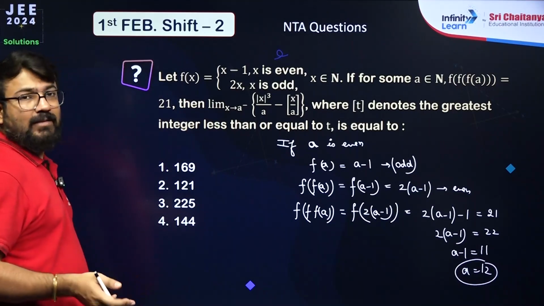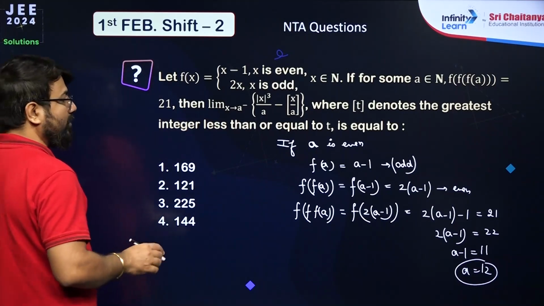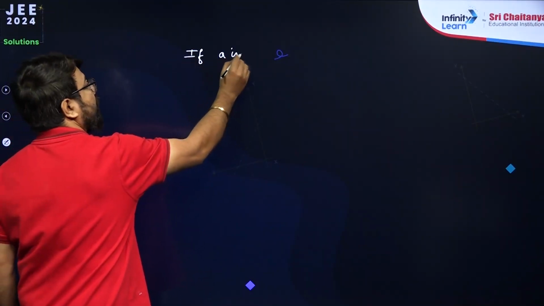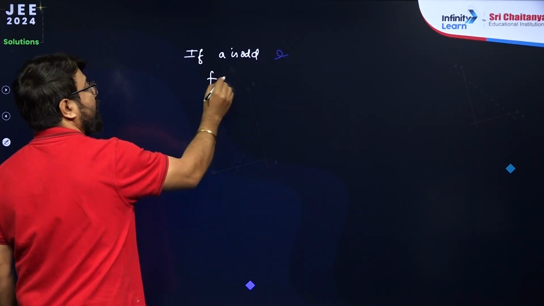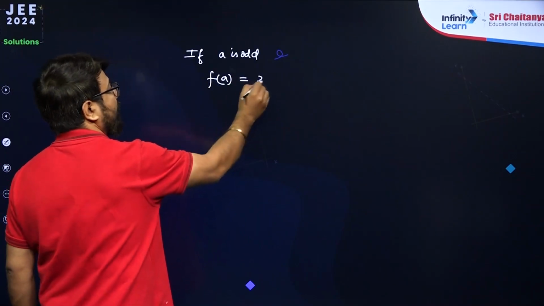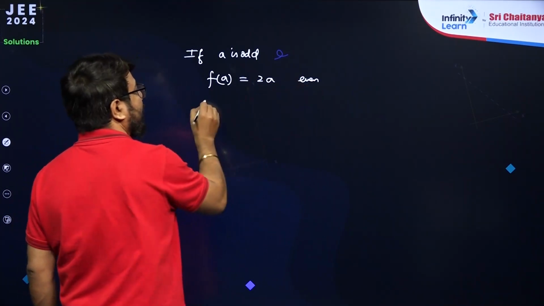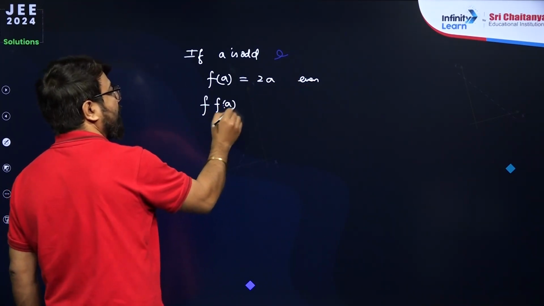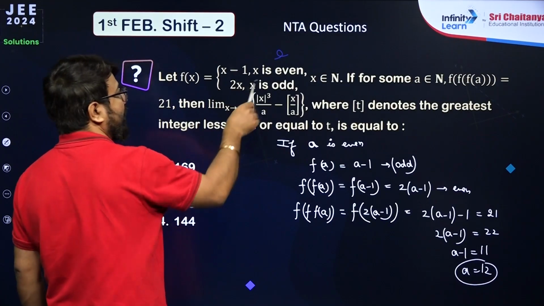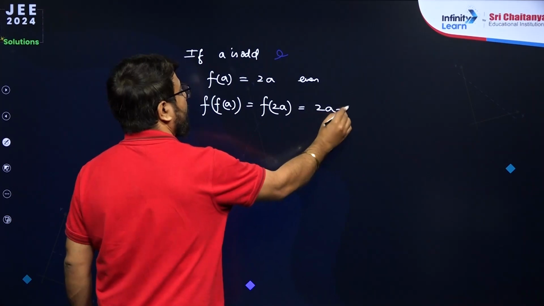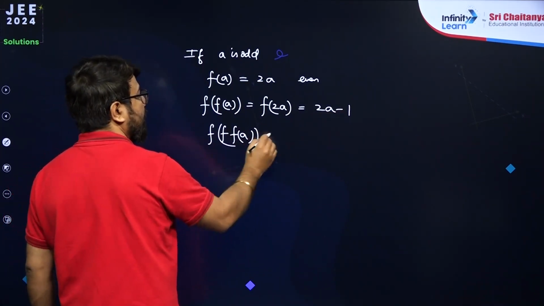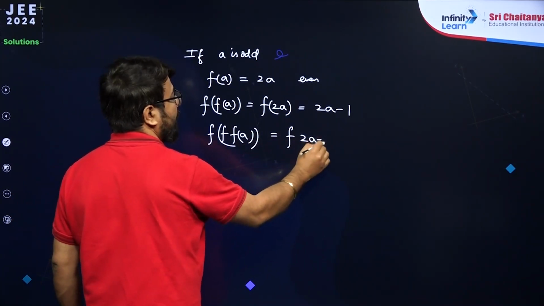Even if I consider the value of a as odd, then also what we need to do? If a is odd, then f of a will be this function, twice of a. Twice of a is an even quantity. Then f of a will be equal to f of 2a. So if I keep the even domain, that will be 2a minus 1. Then f of a is actually f of twice of a minus 1.